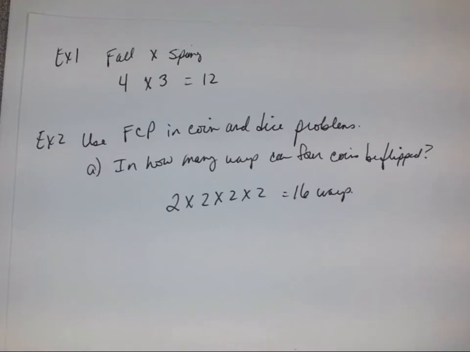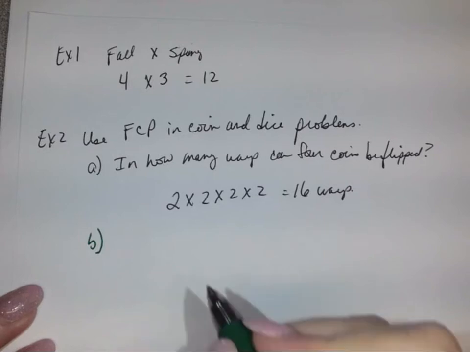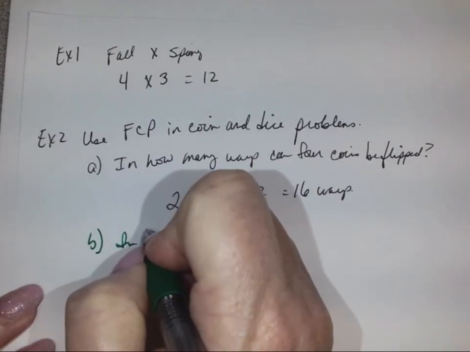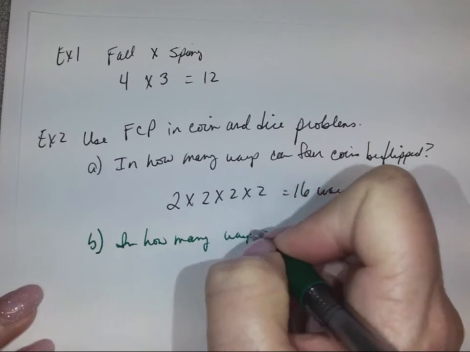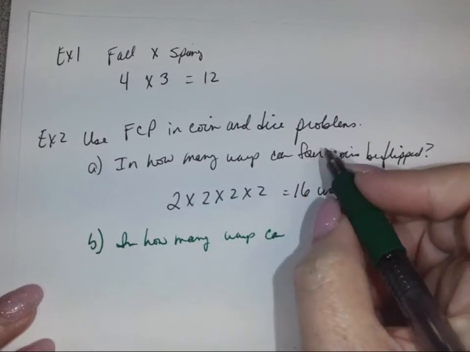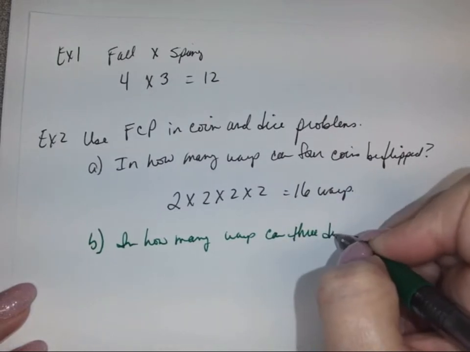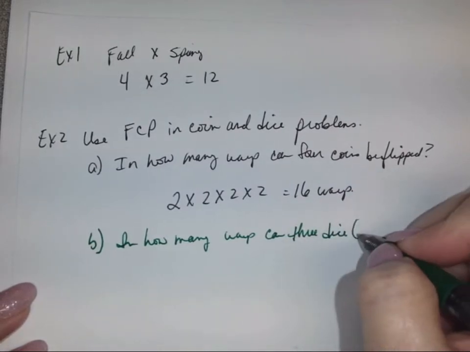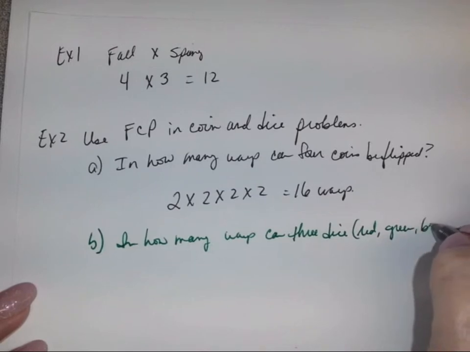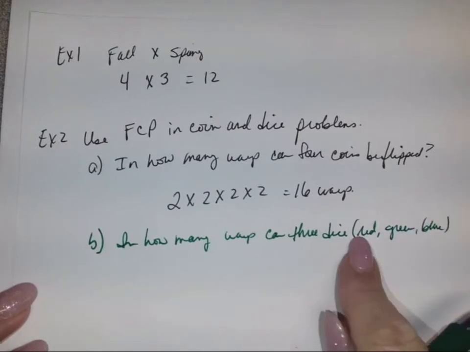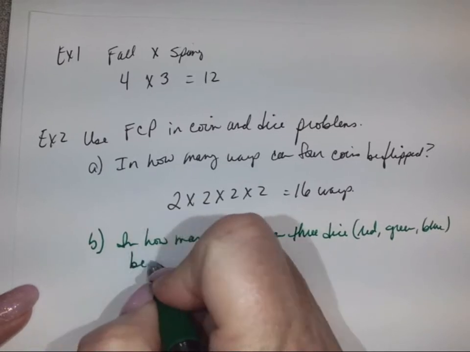All right, let's go to part B. So we want to know in how many ways can 3 dice, and we're going to call them a red, a green, and a blue, just for fun. So we have a red die, a green die, and a blue die. How many ways can they be rolled?